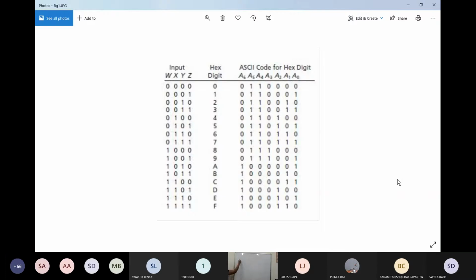It's a 4-input, so you will have 4 by 16. Is that correct? Yes, ma'am. So now 4 by 16, so automatically 16 lines will come, right?